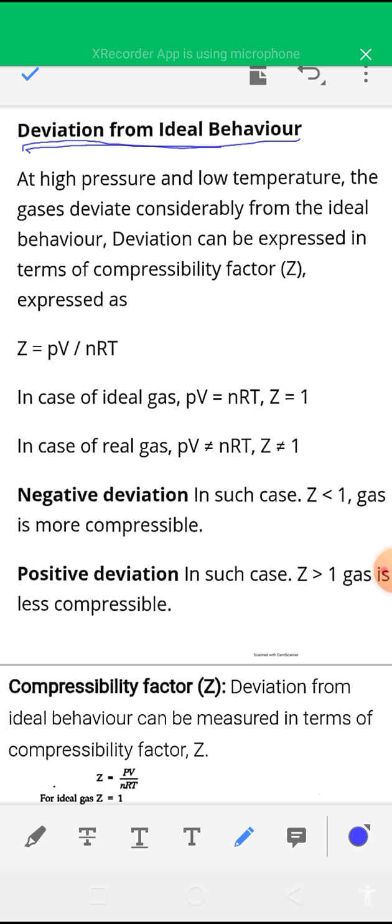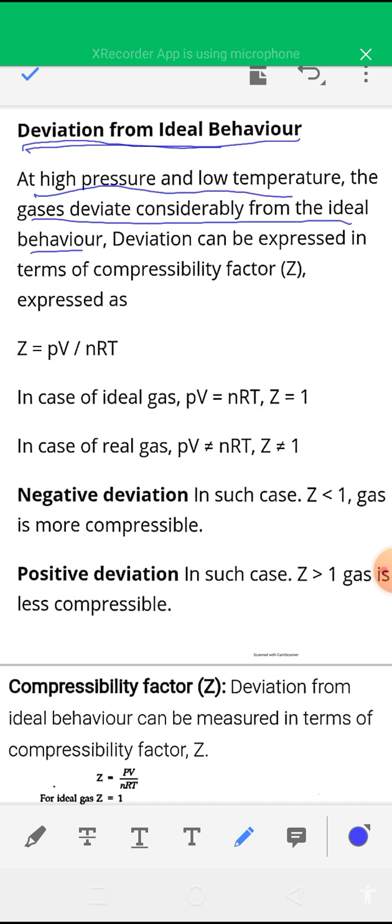You know that gases behave like ideal gas at very high temperature and very low pressure, but at high pressure and low temperature the gases deviate considerably from ideal behavior.